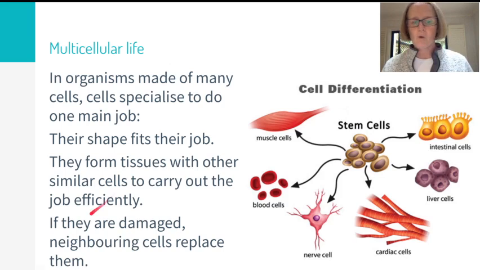And if one cell gets damaged, that's okay, because its neighbor can do its job for it. So you can see here that all the cells that start off in you as an undeveloped bundle of cells when you've just been made after fertilization, you can end up with lots of different types of tissues that can then work together in organs to make multicellular life. Much more efficient way of living.